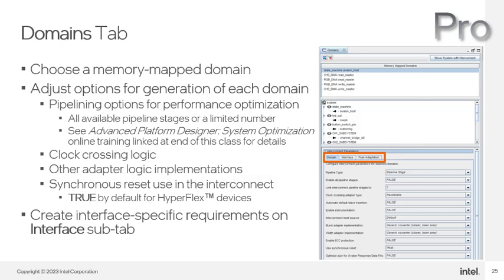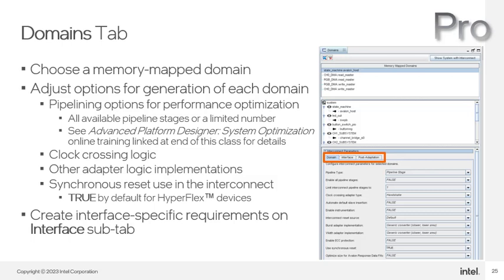For example, it is recommended to use synchronous resets as much as possible when designing for a HyperFlex device, such as Intel Stratix 10 and Intel Agilex devices, since the hyperregisters found in these devices' routing fabric do not support asynchronous resets. Platform Designer defaults to always use synchronous resets in the interconnect for these devices.